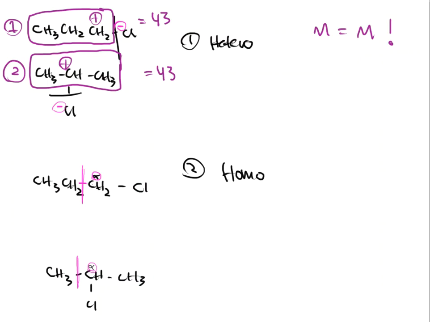Now this is where things get a little different. That piece will cleave. However, it's not like what happens up above. This bond is made up of 2 electrons, right? The bond between the CH2 and this CH2, in between those 2 carbons that hold them together, are 2 electrons.